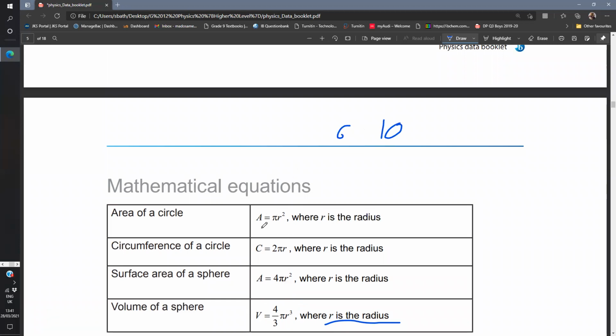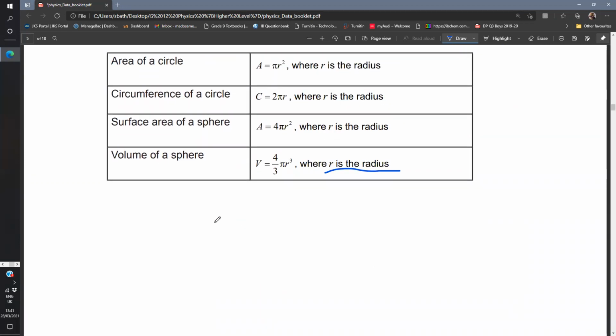You're going to be needing these equations as well as other equations in the other components, such as the volume of a cube, height times width times length. You might also be asked to find the volume of a cylinder, and a cylinder is basically a prism, so it's the area times the height, and that will give you the volume. And also the area of a trapezoid.